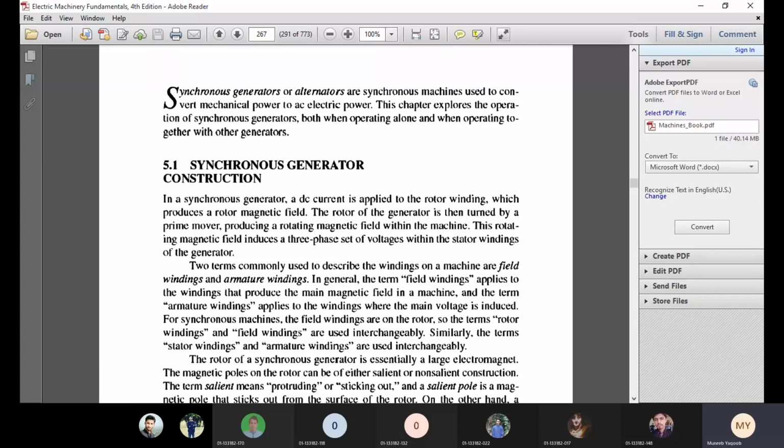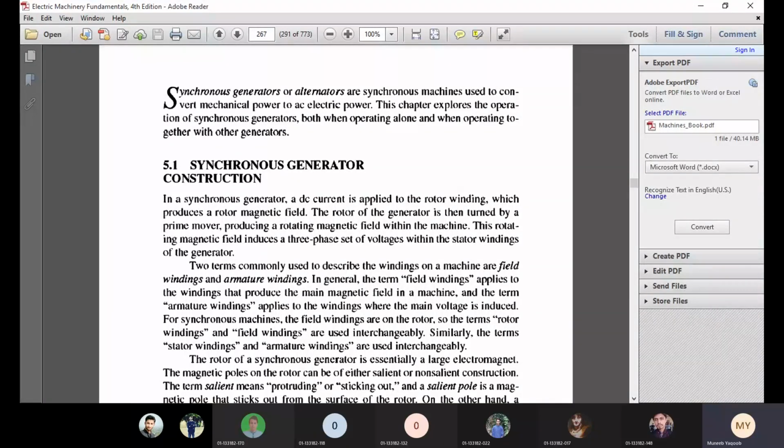Chapter number 5 basically covers synchronous generators. Synchronous generators are also known as alternators. Why alternators? Because they generate AC. So alternators are AC generators, and we often use the word alternators instead of synchronous generators.